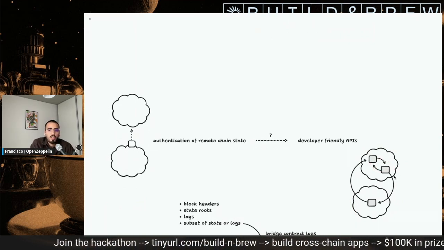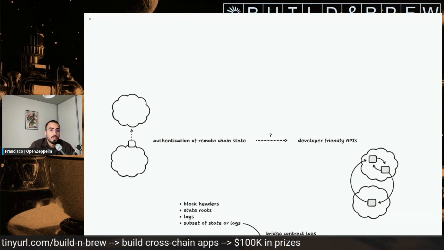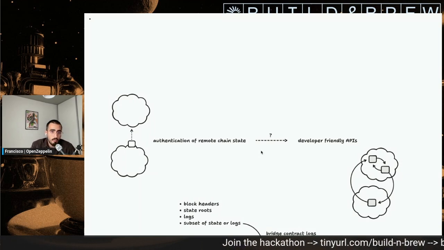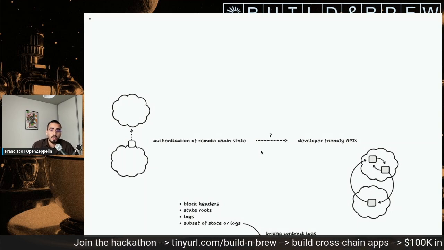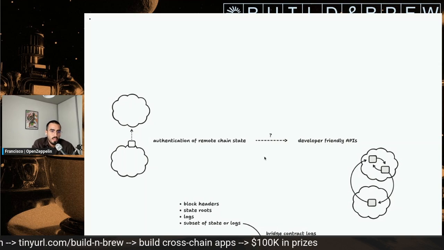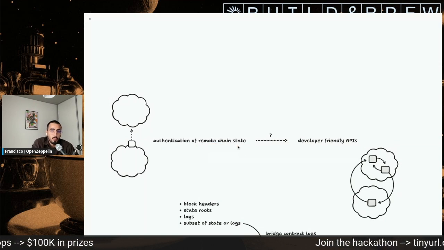We want to approximate that within the constraints of the finality risk and everything that we discussed above, but we want it to be developer-friendly. So I want to discuss now how we get from a mechanism for remote chain state authentication into a potentially developer-friendly API. So what does the authentication of remote chain state primitive give you?